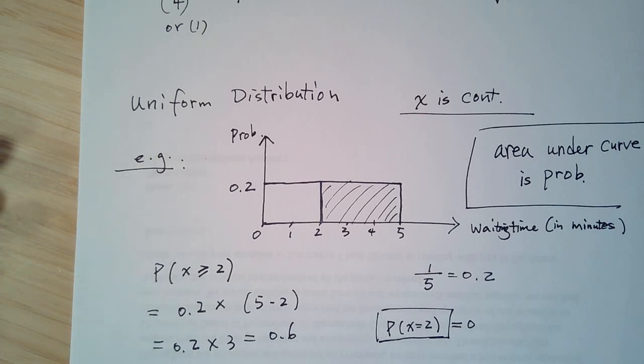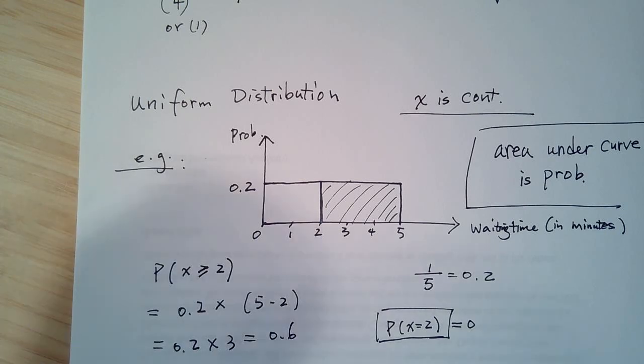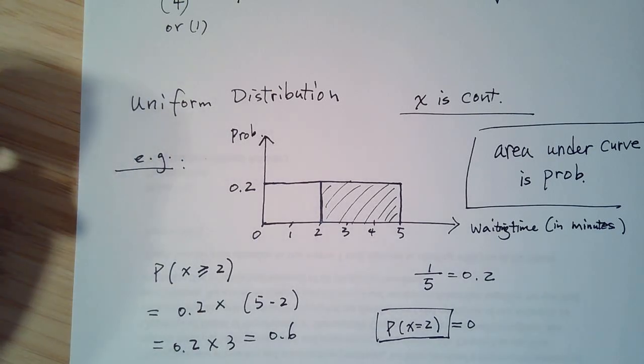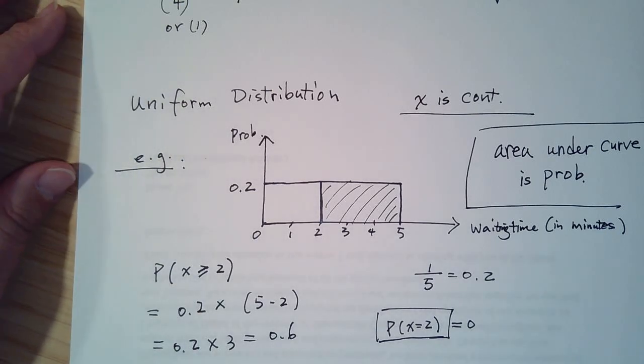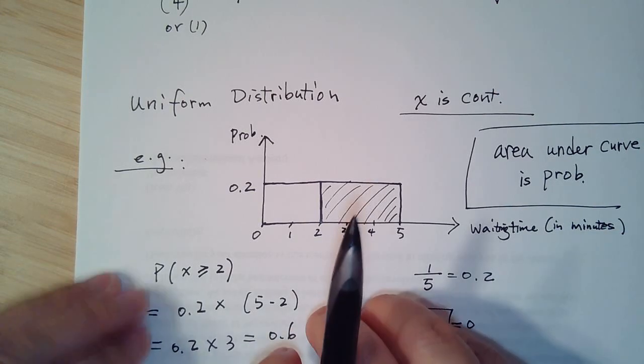It can be any number. It can be 1.23456 minutes. Okay, it's super accurate. But what is the probability that this passenger's waiting time is exactly that number? The chance is 0.